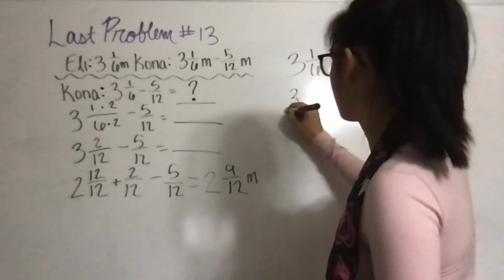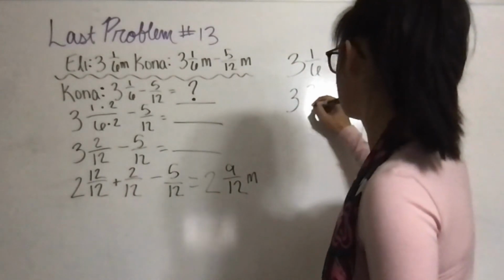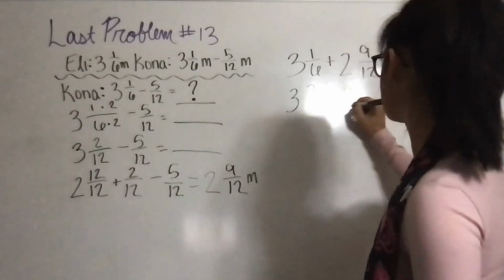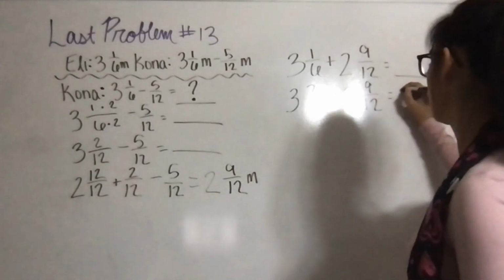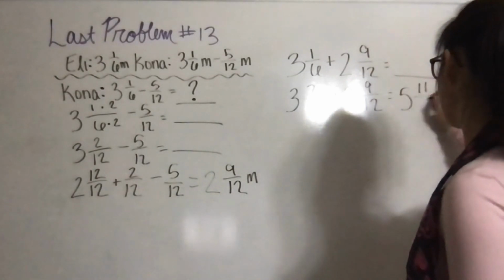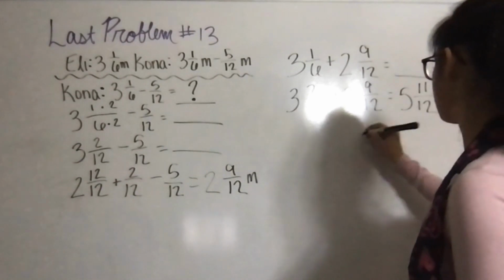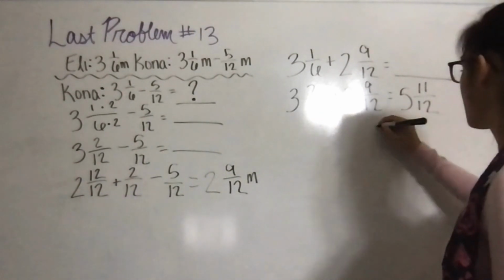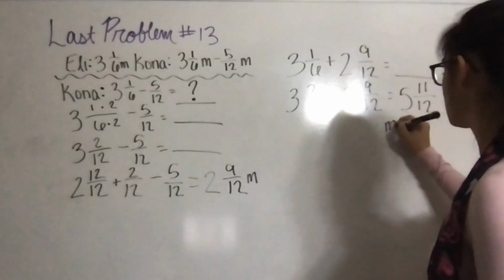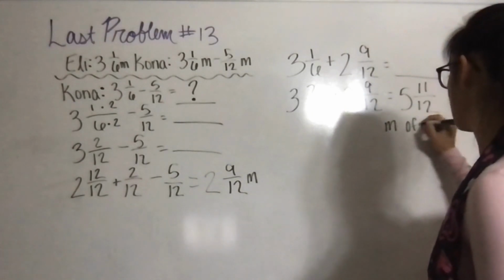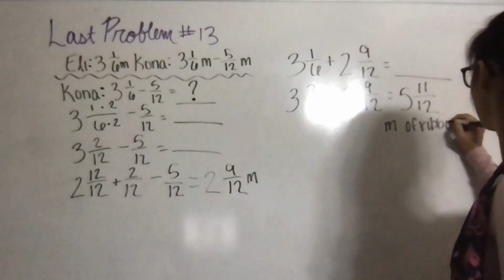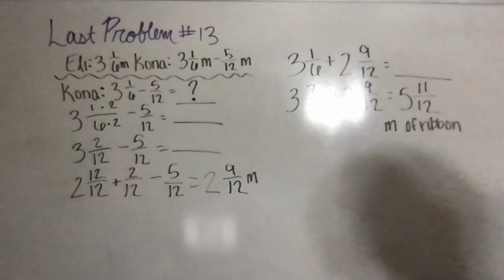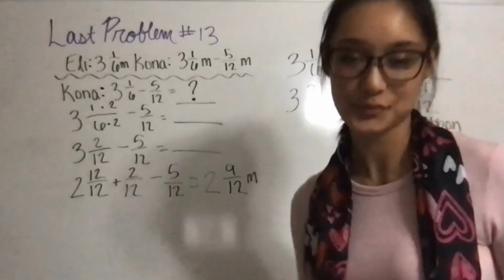So this will be 3 2/12 plus 2 9/12, which is equal to 5 11/12. So all together, they bought 5 11/12 meters of ribbon. And that's your final answer.